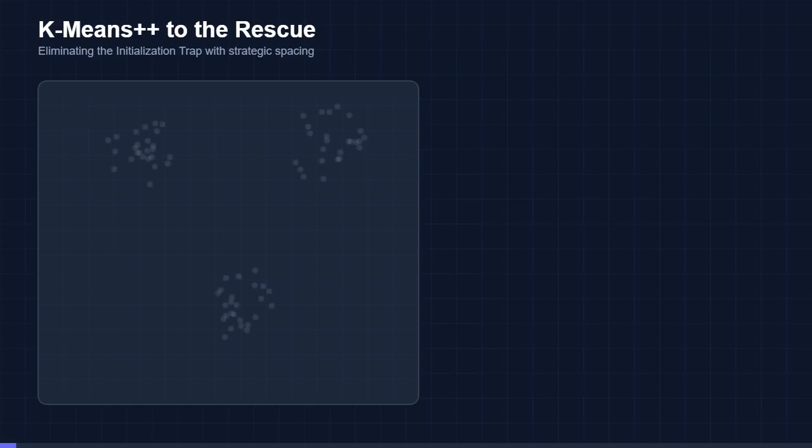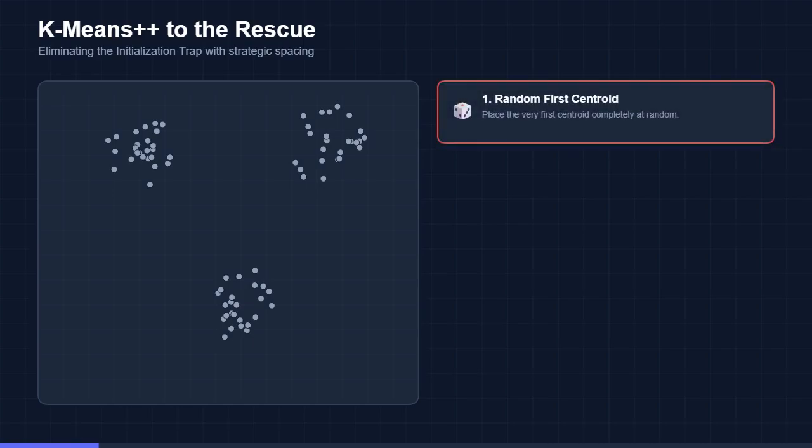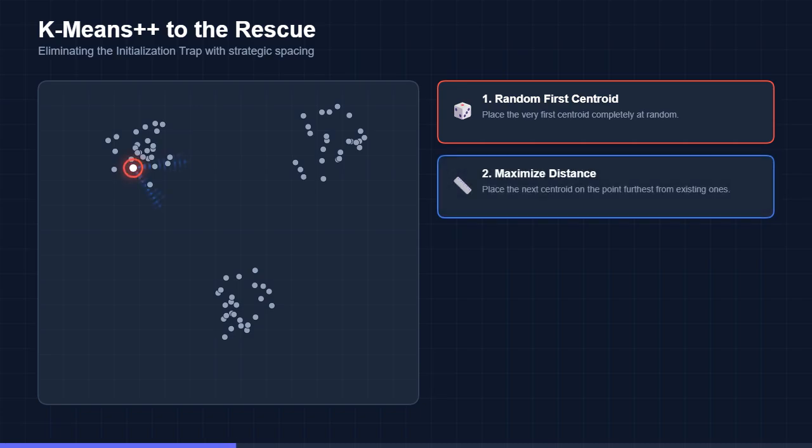To solve the initialization trap, researchers invented an upgraded version of the algorithm called k-means++. Instead of dropping all the centroids completely at random at the same time, k-means++ drops them strategically. It drops the very first centroid at random. Then, before dropping the second centroid, it looks for a data point that is as far away from the first centroid as mathematically possible and drops it there.